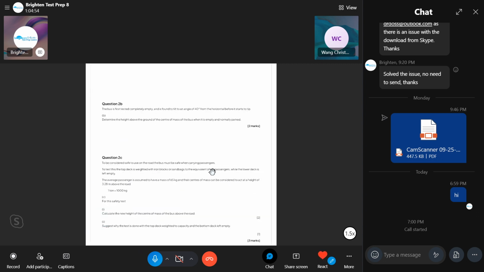Now, in question B. Here it says you can tilt it to an angle of 40 degrees, which is quite something before it starts to tip. And now, how do we calculate the center of mass when it's empty and normally parked?